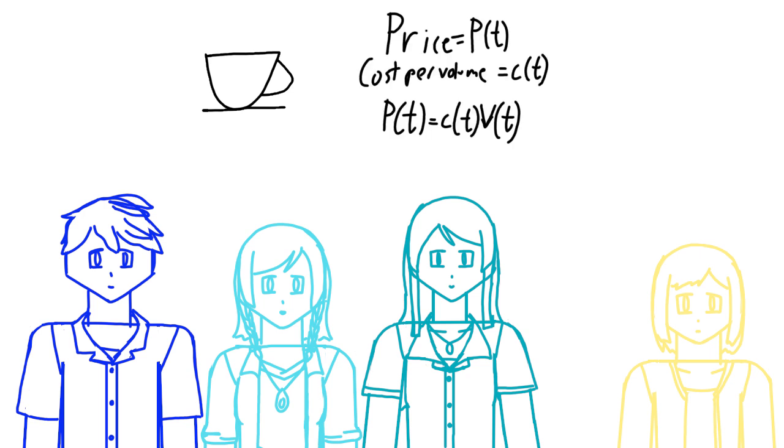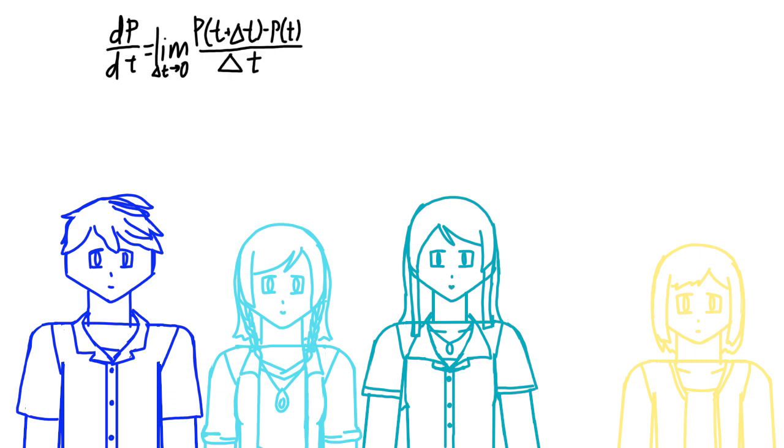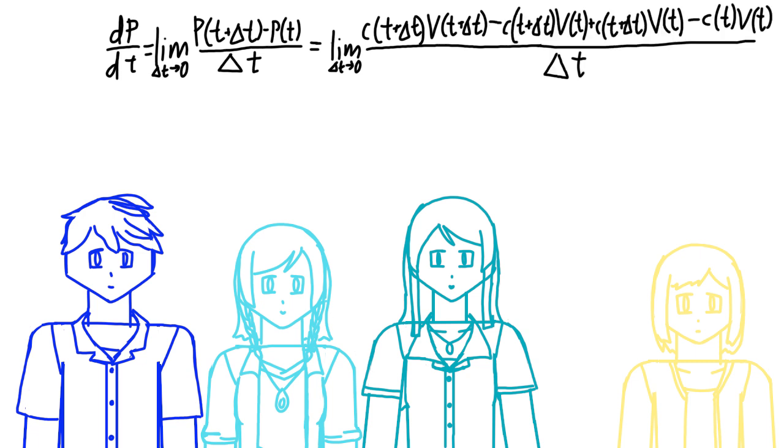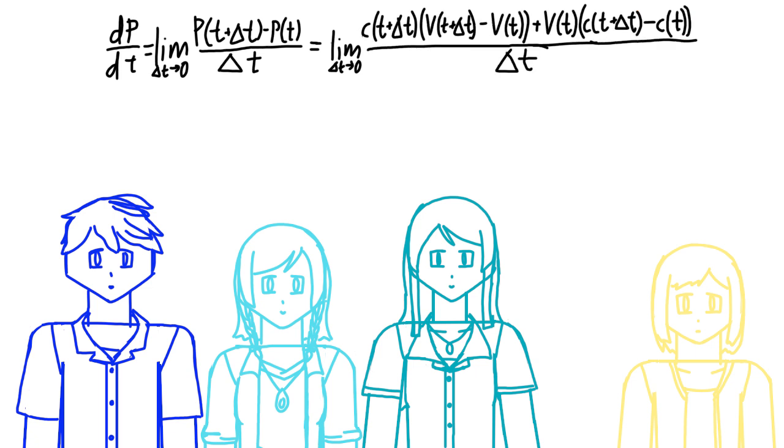And it's equal to the volume times the cost per volume. Call it c of t. Here's the derivative of p, and we can replace p of t with v of t times c of t. Now, what if we add and subtract v of t times c of t plus delta t? Notice we have a c of t plus delta t here and here, and a v of t here and here, so we can group them together.